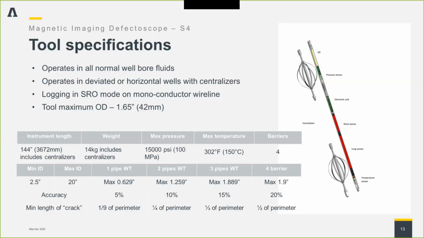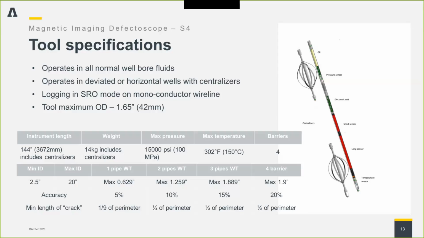So for the first barrier, the tubing, if we look at its circumferential length, if there's a crack of 1/9 of that length, then we will detect that. If it's less than 1/9, we won't necessarily pick it up. If it's more than 1/9, we will, and so on out to the fourth barrier. In the fourth barrier, it needs to be quite a long crack before we can actually detect it. And the reason we specify that separately is because of the way the tool works.